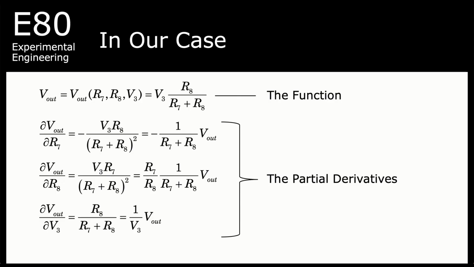And dv out dv3 equals r8 over r7 plus r8, or substituting back in for v out, v out over v3. Substituting back in for v out often makes the formula simpler to calculate.